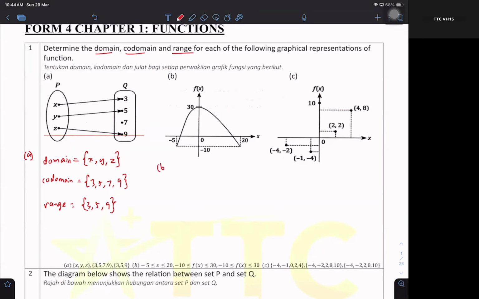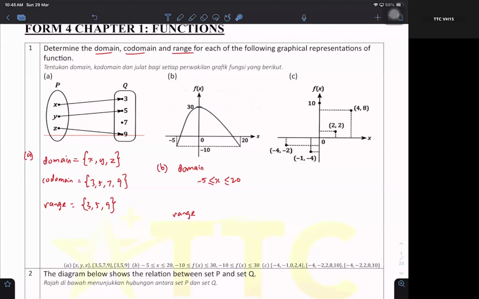Then B. Now for B, the domain is the x-axis. Remember, domain is the x-axis. According to the graph, the x-axis is between -5 and 20, right? So x is between -5 and 20. Then the range is the y.